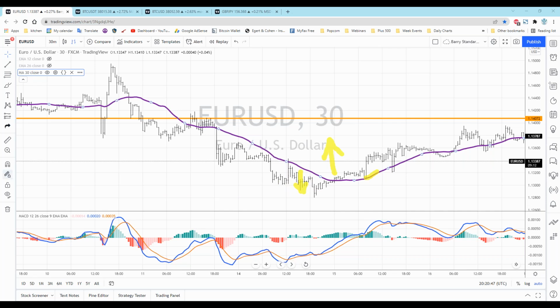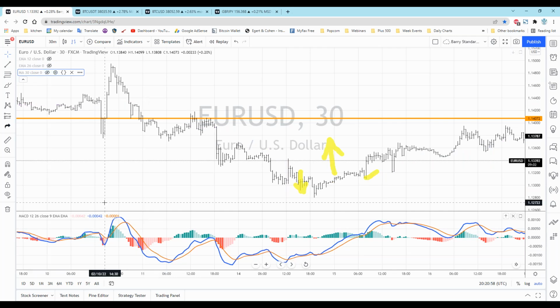Now, a moving average is also the backbone of a lot of indicators and oscillators that we use every day. Like down below, we see MACD.